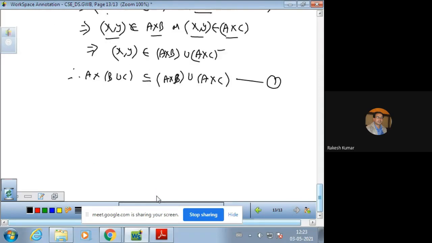Similarly, we can take an element in the converse part.